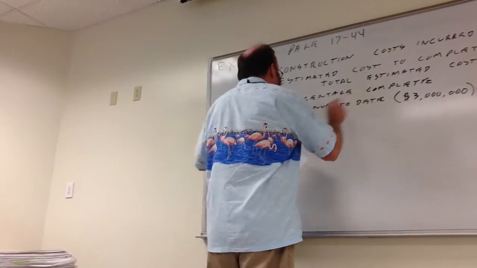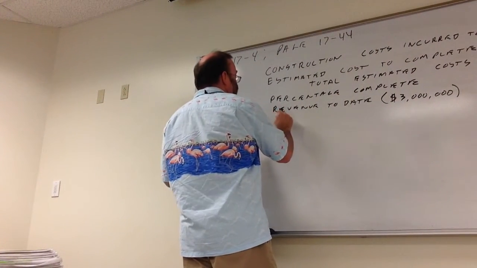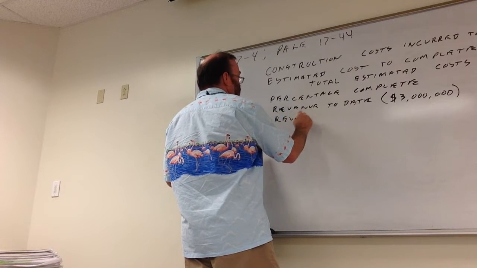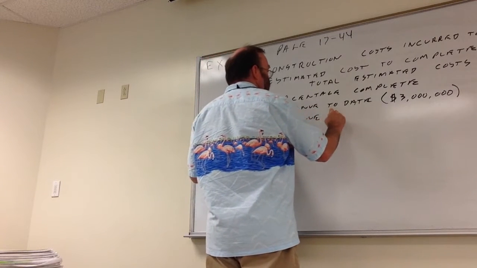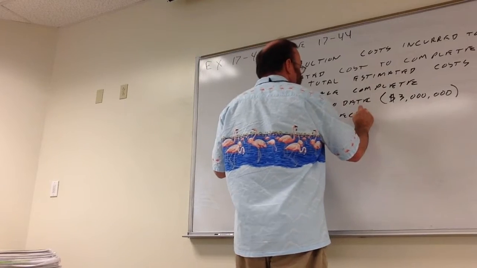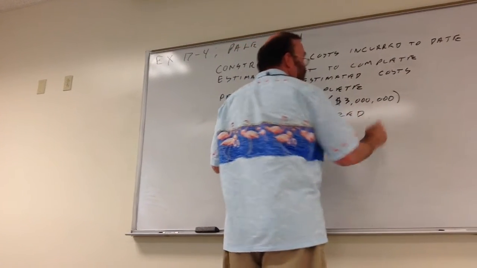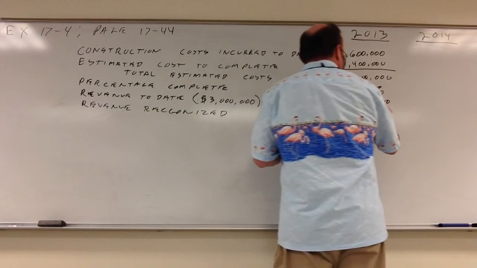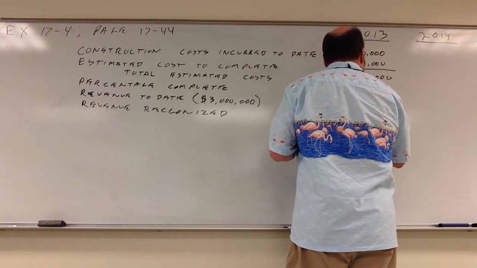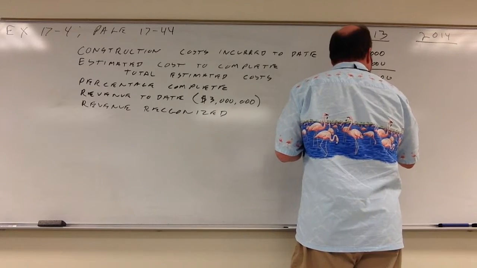If we remove revenue already recognized, which in the first year is 0, that gives us revenue for the current year.